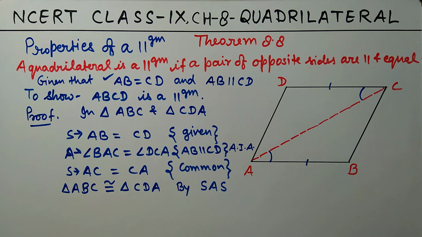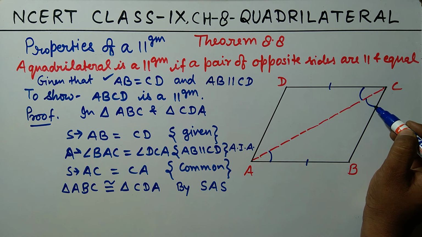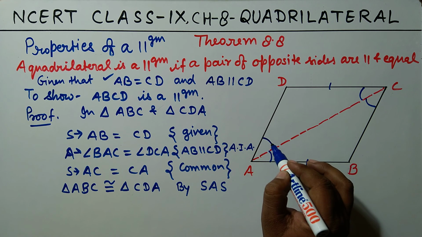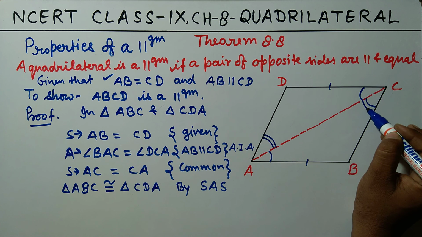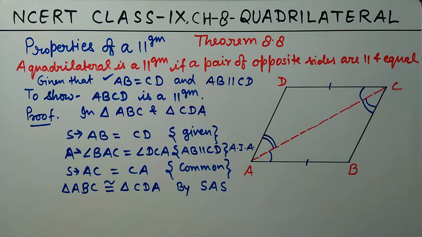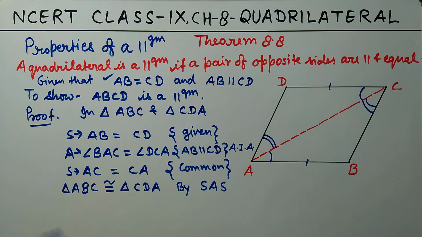Now what do we think about these two angles, this angle and this angle? Suppose we mark them with a double mark. So this angle is angle ACB.